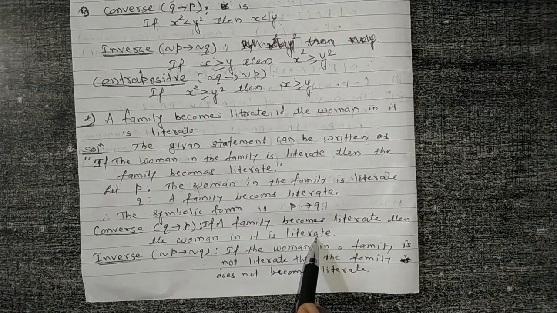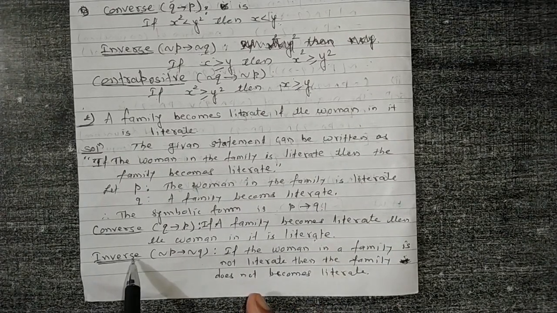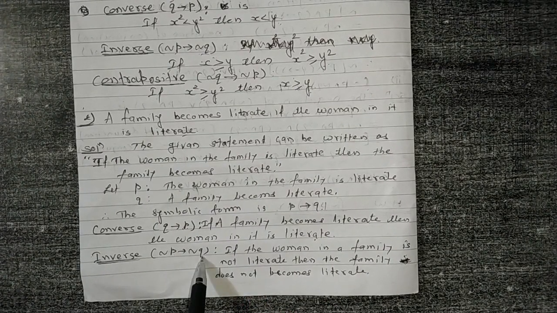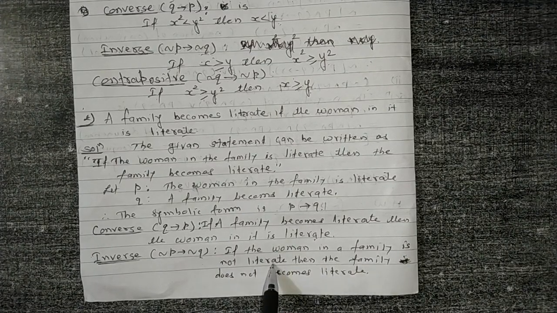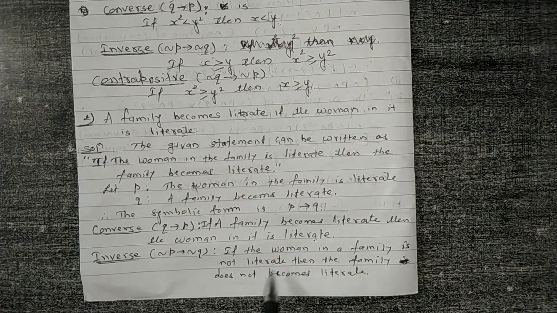Now its inverse, negation P conditional negation Q: if the woman in a family is not literate, then the family does not become literate. This is the inverse of the given statement.